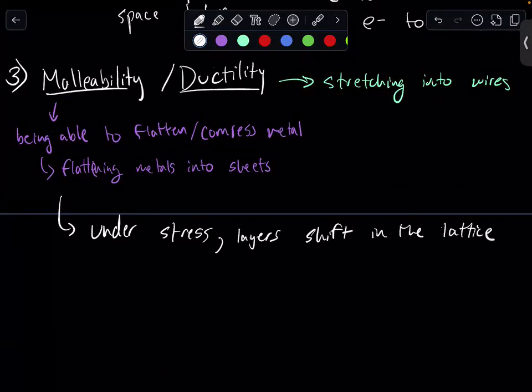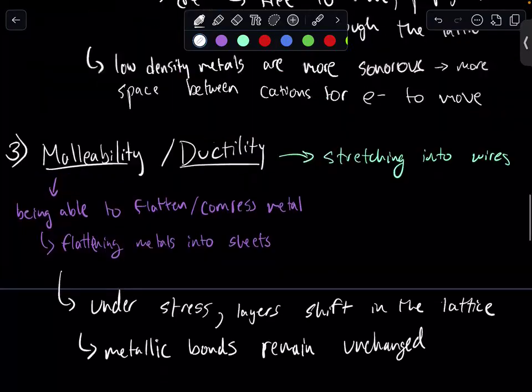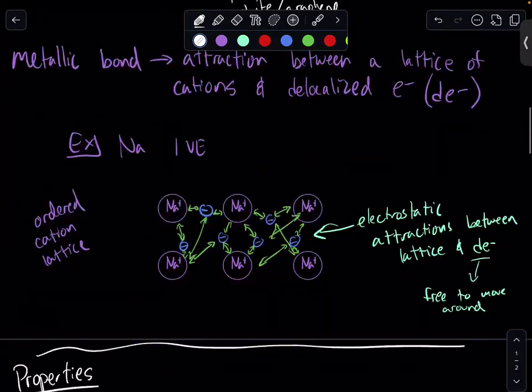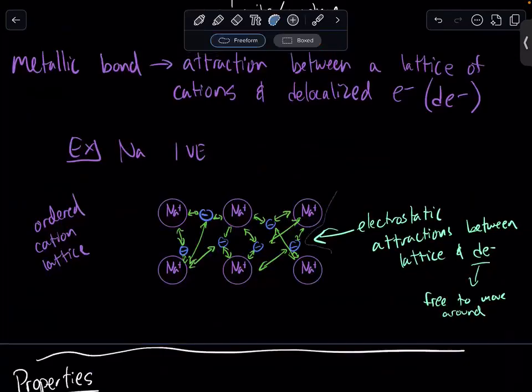Now, we remember from before with our ionic compounds, when we shift those layers, they then repel and break, and that's what makes them so brittle. However, metallic bonds remain unchanged because it's not atom to atom.